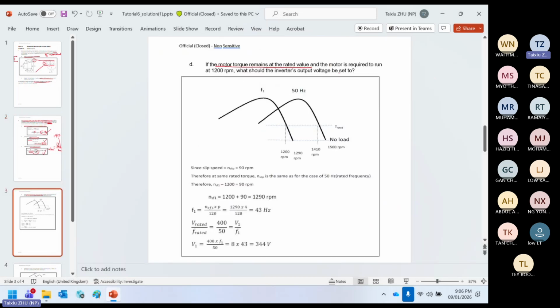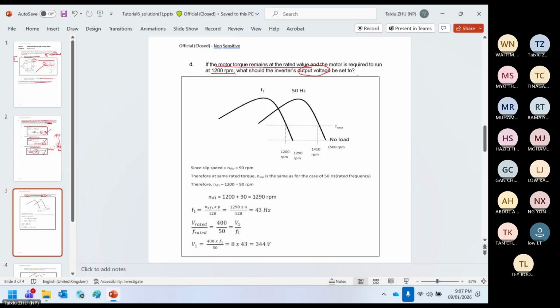And the motor is required to run at 1,200 RPM. Question: what should be the inverter's output voltage? They ask you the inverter output voltage. For this one, you have to look at the solution and read it a few times, then you can figure out how to do it.